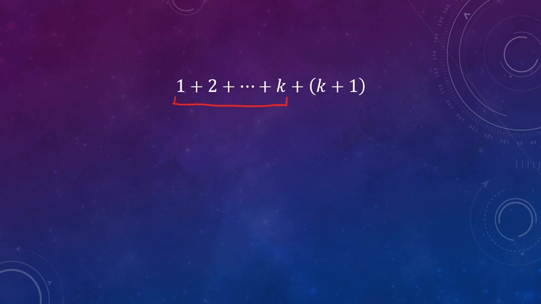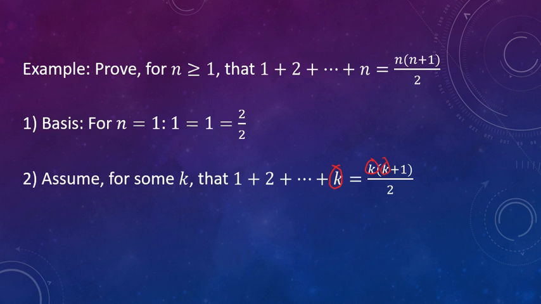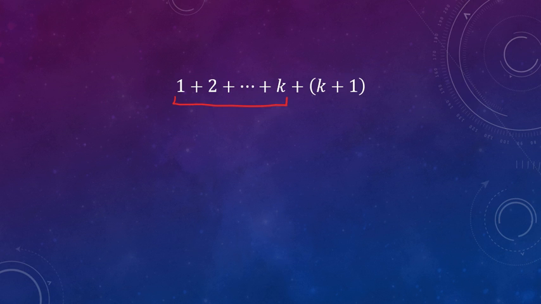From step 2, from our hypothesis step, we assumed that 1 plus 2 plus k was equal to k times k plus 1 all over 2. So I can make the substitution here. I can get rid of all of those terms except that last one and replace it with what I assumed in step 2. That k times k plus 1 all over 2.